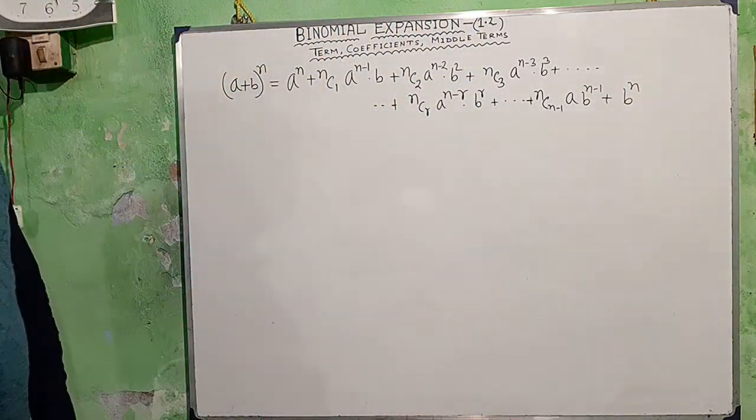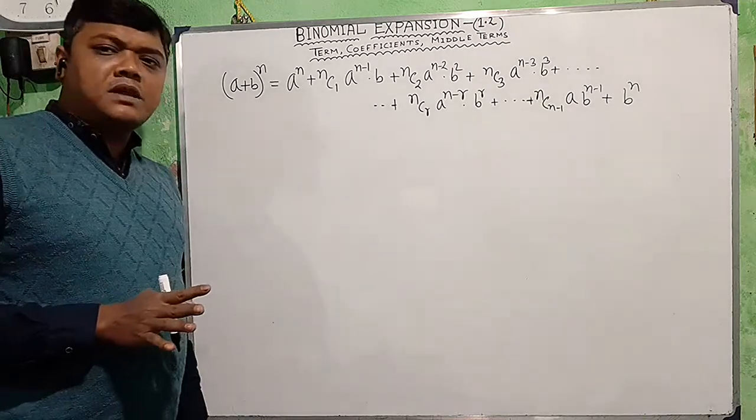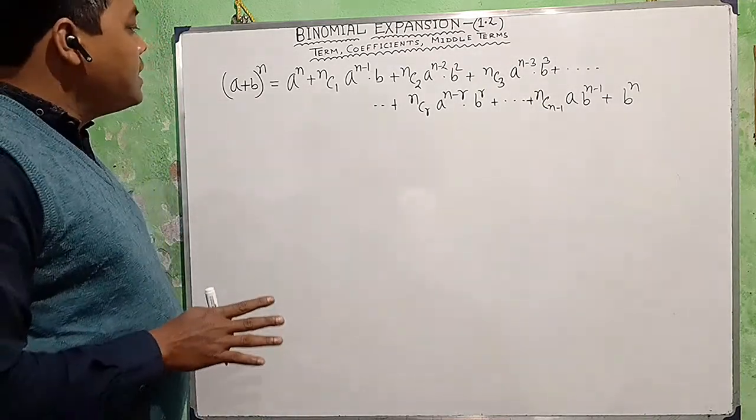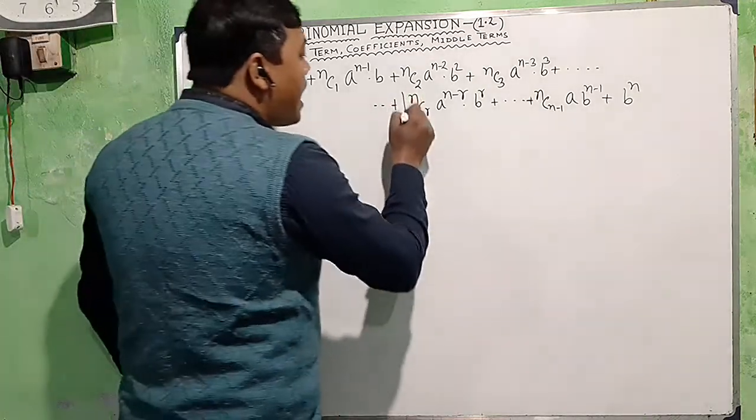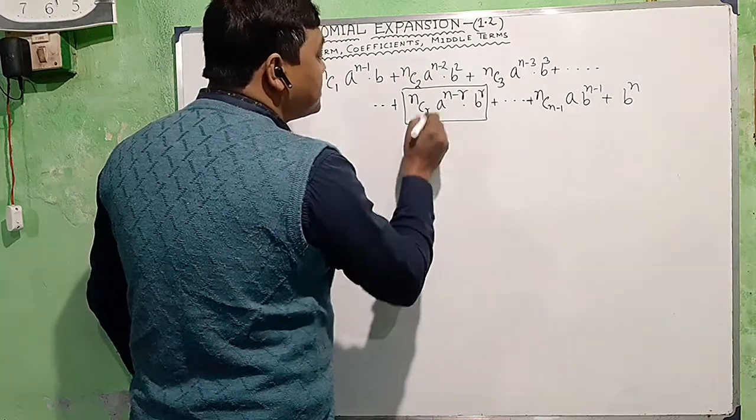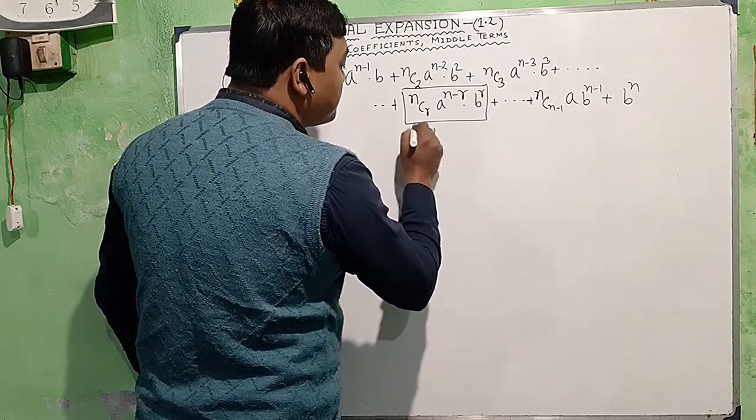Okay, so this is the binomial expansion, and this term is called the (r plus 1)th term.